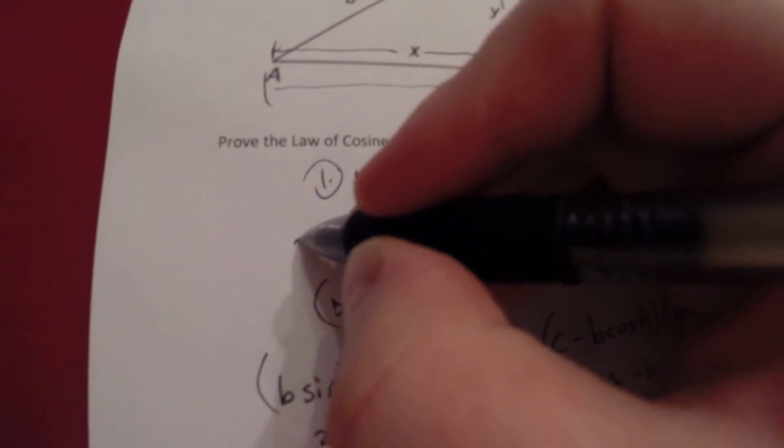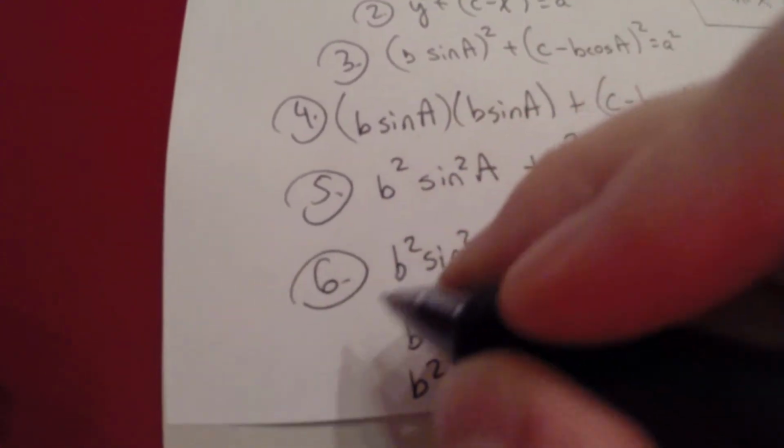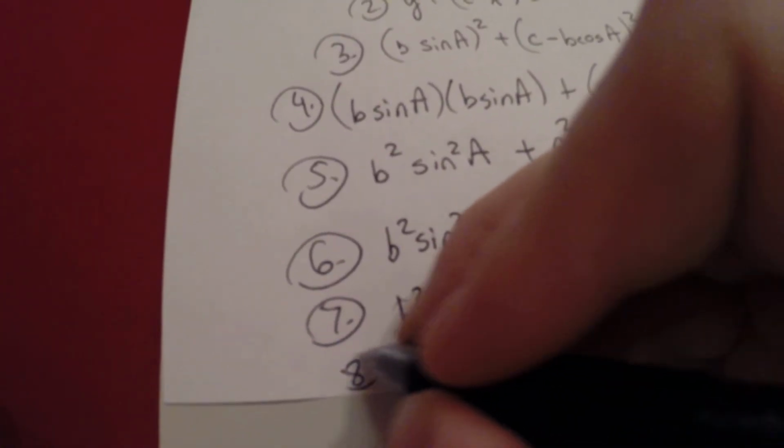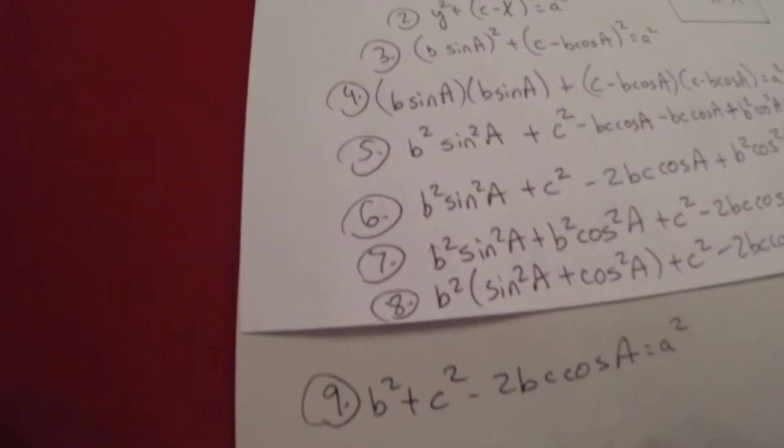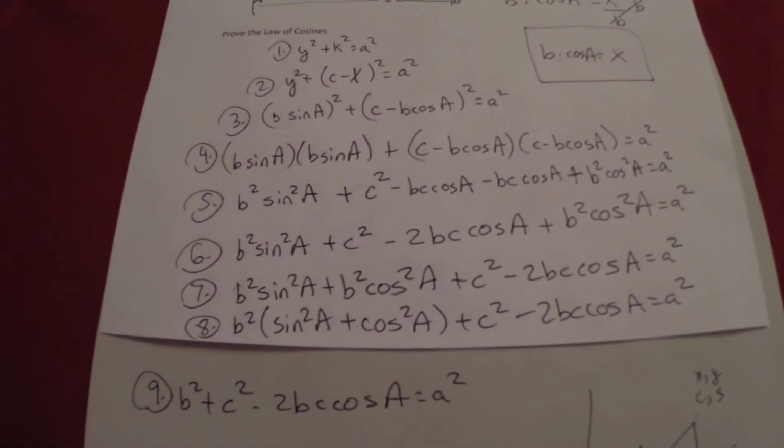Now, some of you I noticed like to number steps, so I'm going to go through here and just number these. I'll be honest, I'm not a big proponent of numbering. I'm just doing that because hopefully it helps some of you.